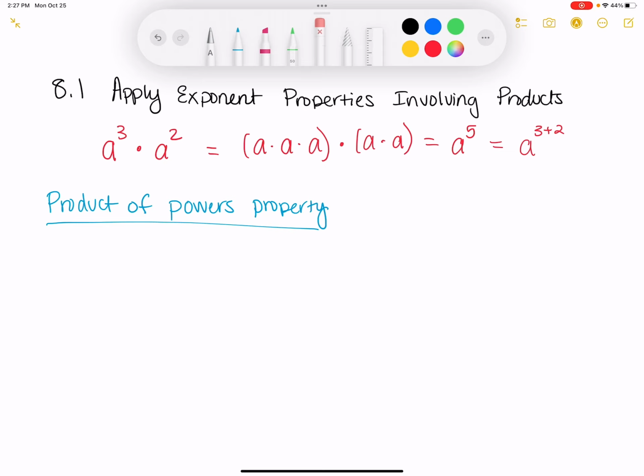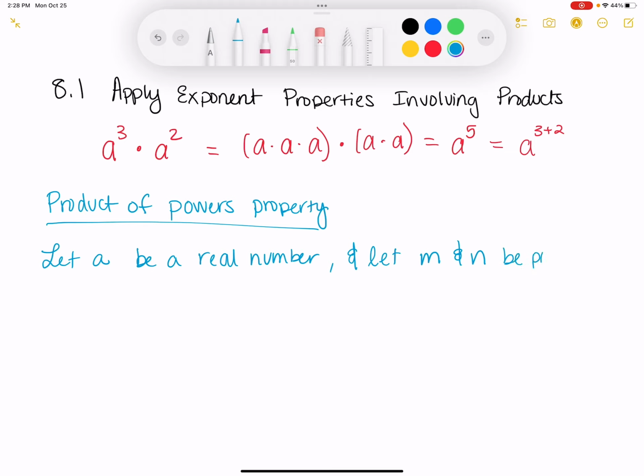So let a be a real number, and let m and n be positive integers.